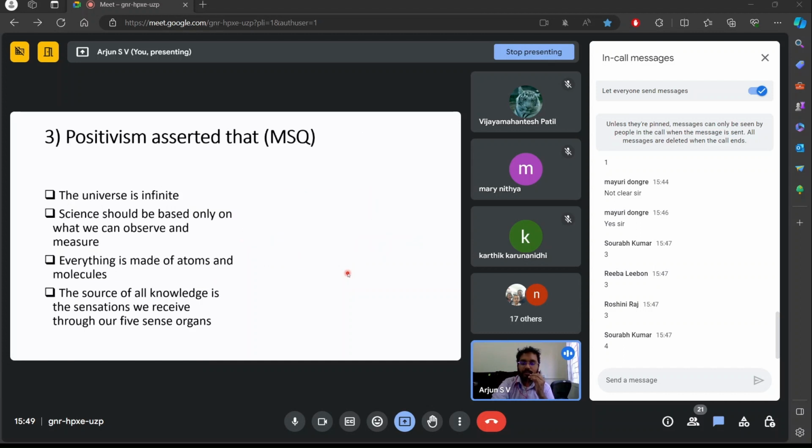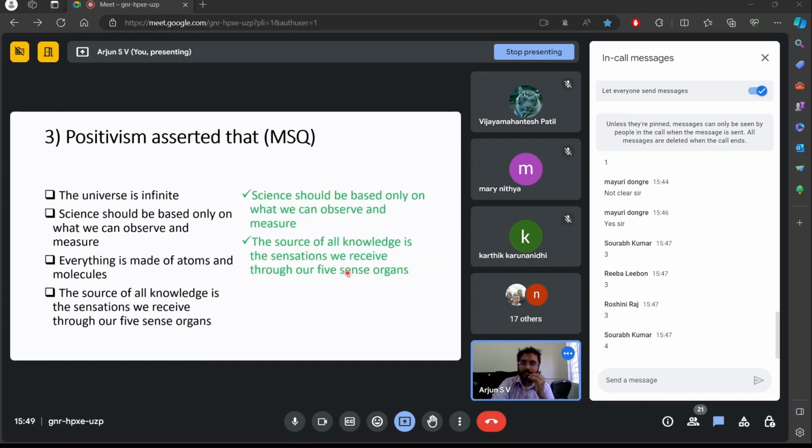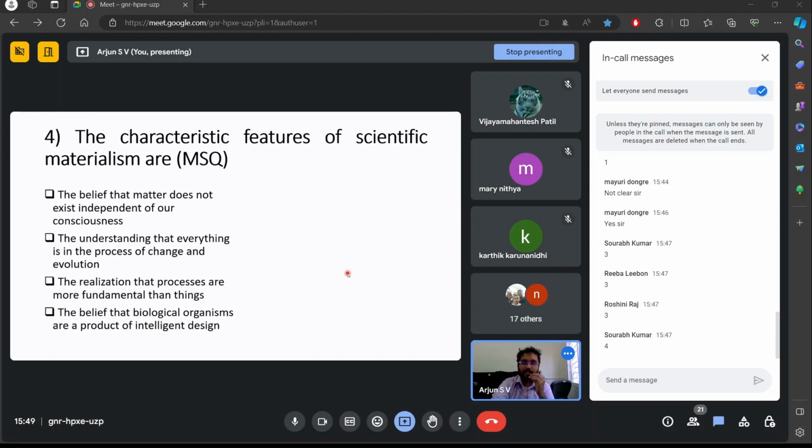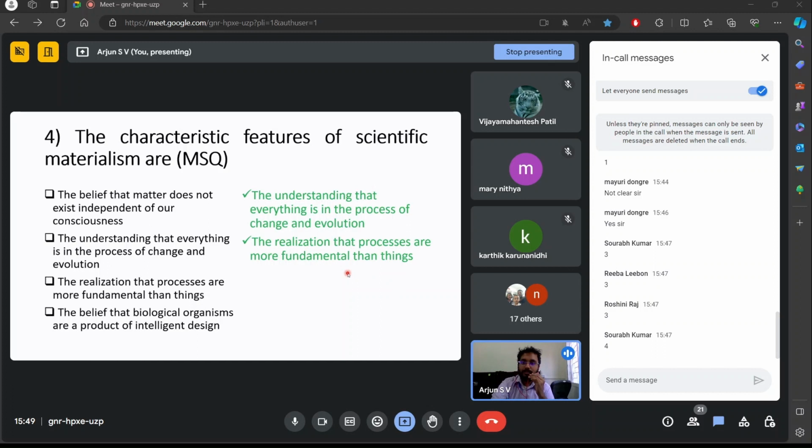Third question, positivism asserted that option two, science should be based only on what we can observe and measure, and option four, the source of all knowledge is the sensations we receive through our five sense organs. Question four, the characteristic features of scientific materialism are option two, understanding that everything is in the process of change and evolution, and option three, the realization that processes are more fundamental than things.